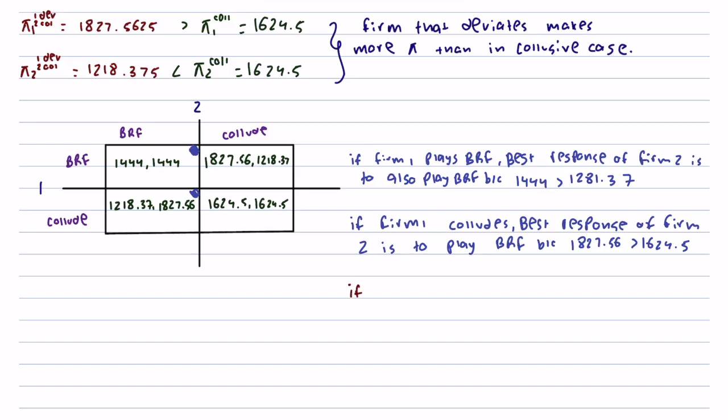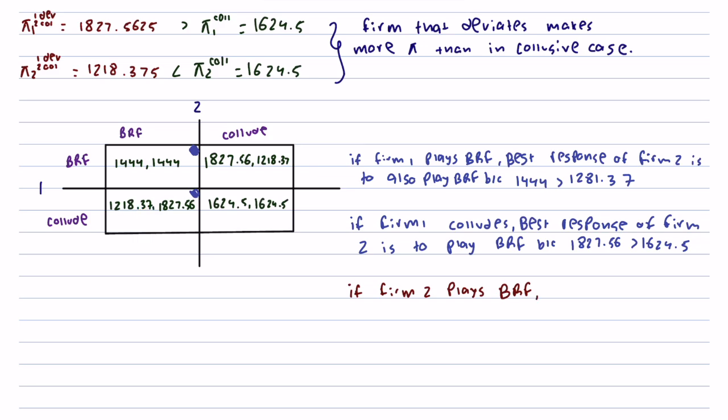Now, if firm 2 plays BRF, right? This time we're switching to firm 2. We're looking at the y-axis. So firm 2 plays BRF. Firm 1 can either play their BRF and they'll make $1,444, or they can collude, but then they'll only make $1,218, right?